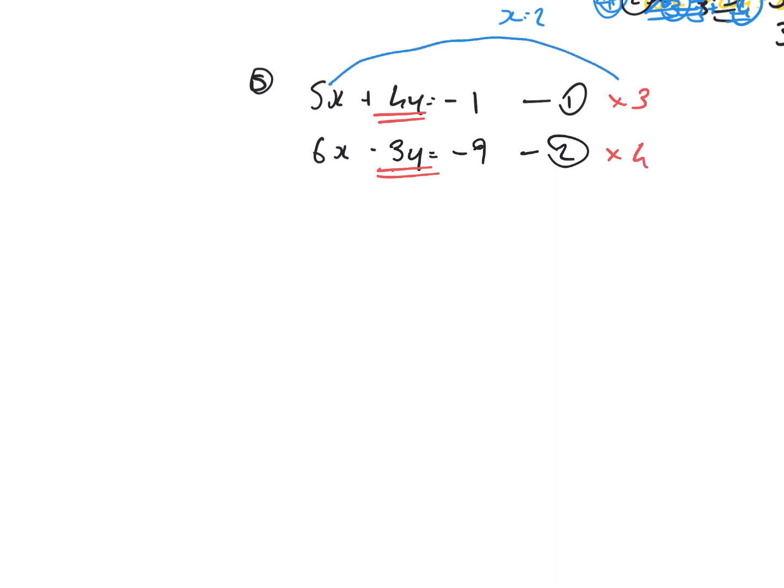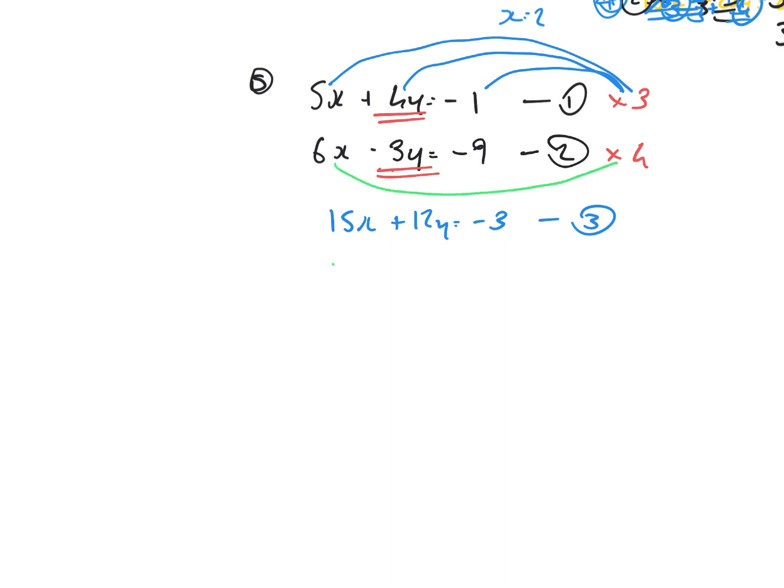So 5x times 3, 15x, 4y times 3, 12y, and minus 1 times 3, minus 3, that's equation 3. 6x times 4, 24x, minus 3y times 4, minus 12y, minus 9 times 4, minus 36, that's equation 4.